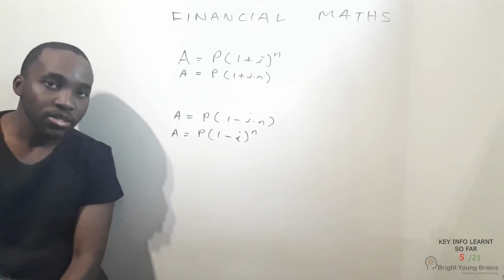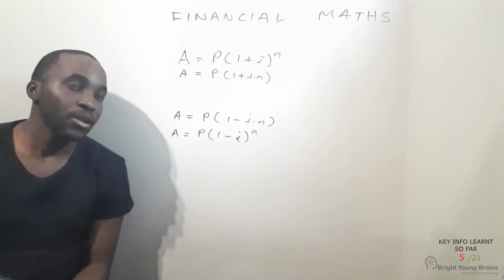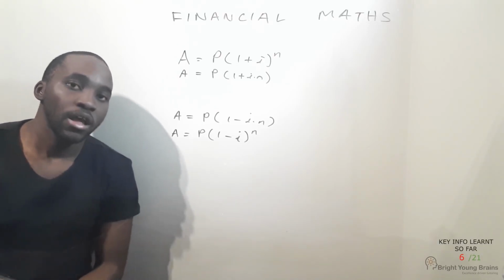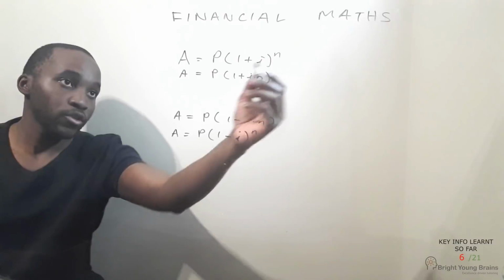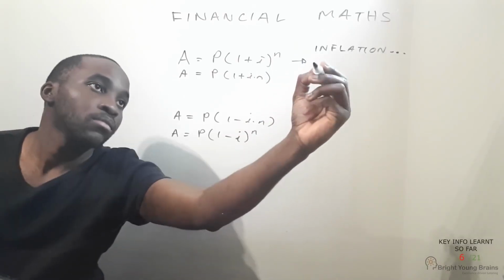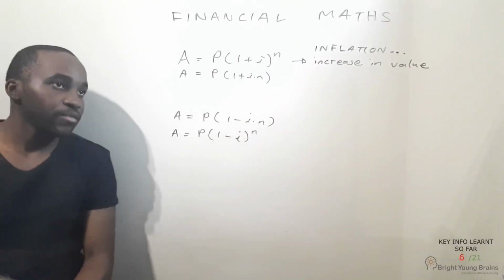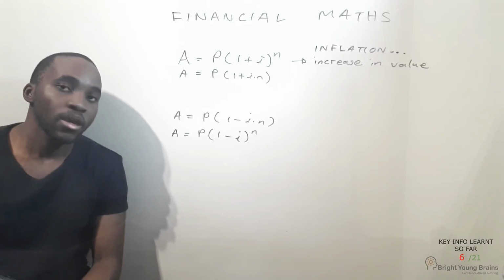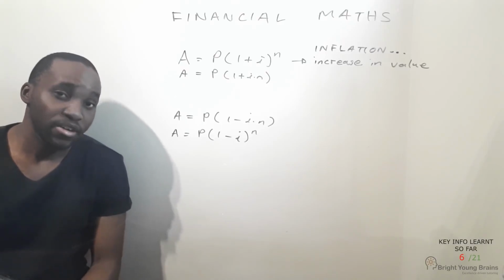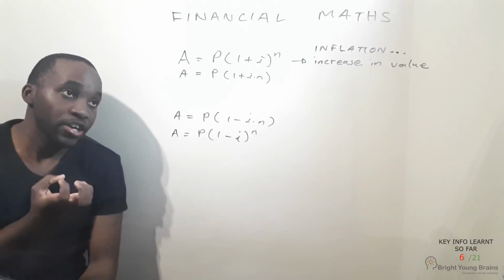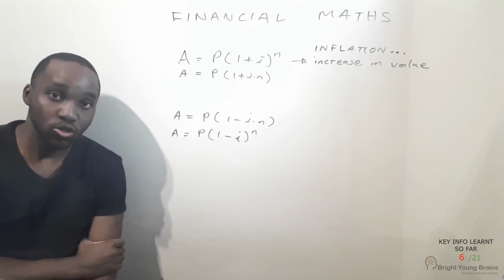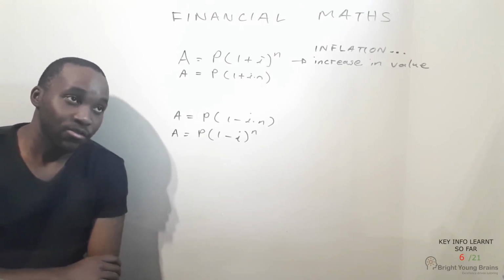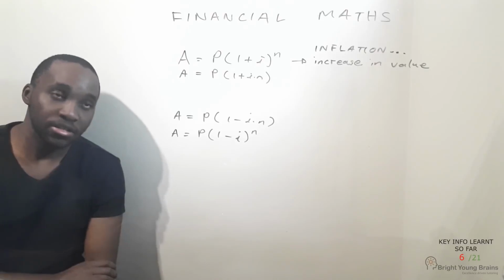So with financial maths, we may be very familiar with these 4 formulas. Now the idea is when we work with the first one, we will be referring to a situation where we are mainly dealing with things like inflation or an increase in value of a certain amount or the increase in value of a certain product or substance.